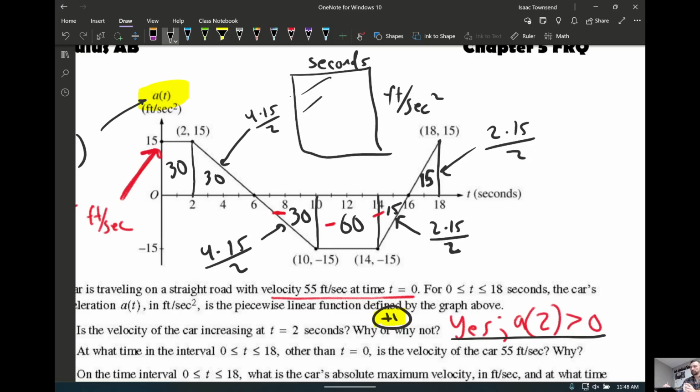Then when you think of length times width, it's like seconds times feet per second squared. And so these seconds cancel out one of these seconds and leave behind feet per second.